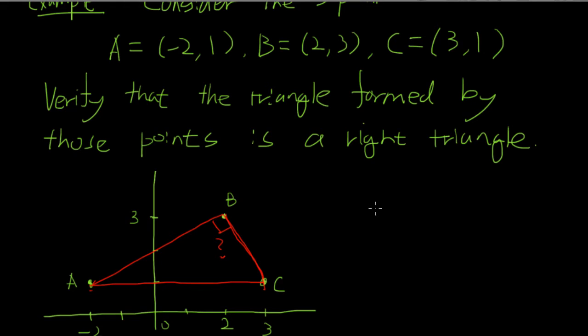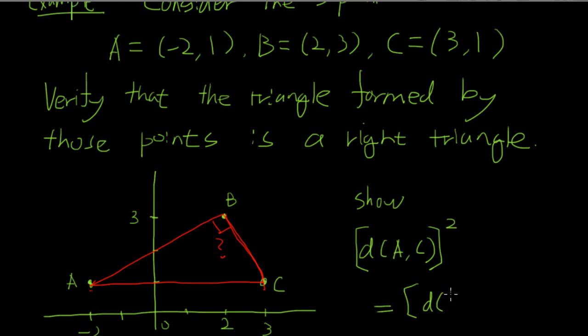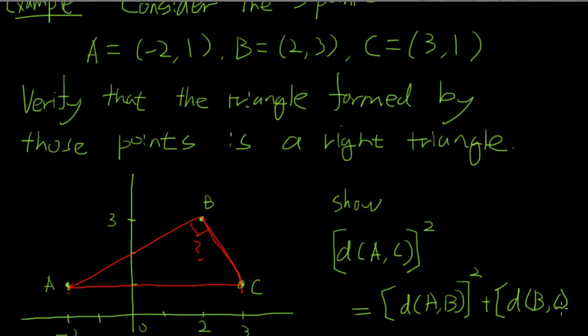So we need to show the distance between AC squared equals the distance between AB squared plus the distance between BC squared, right?